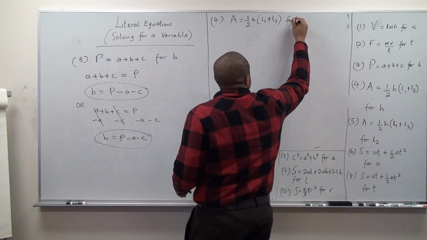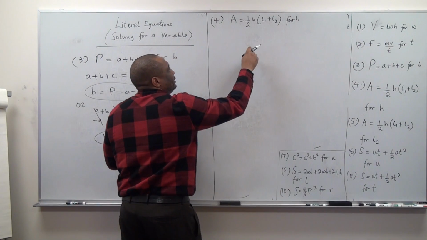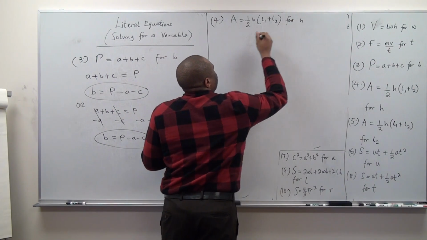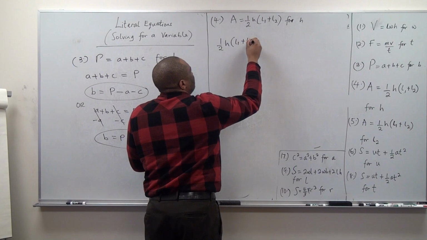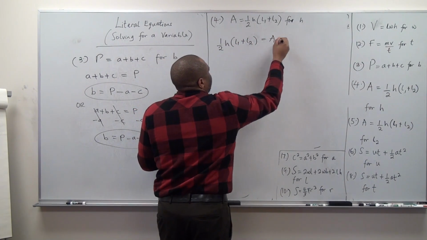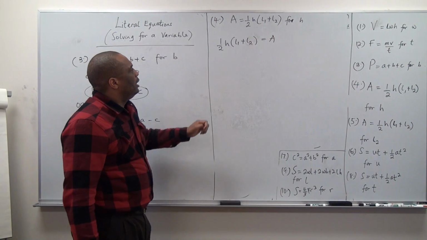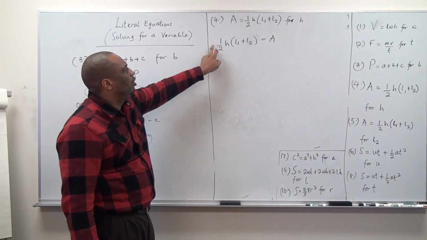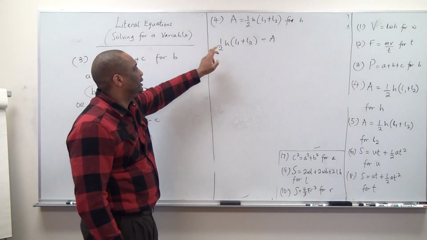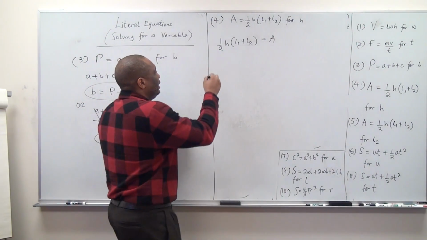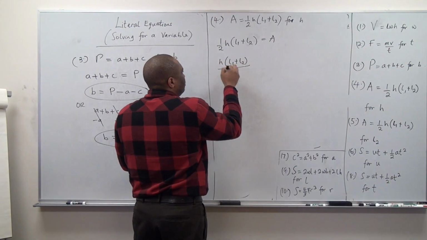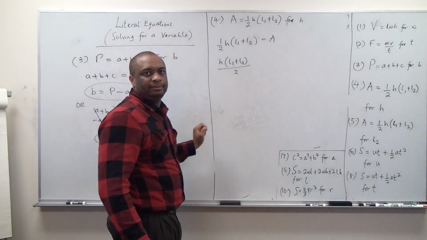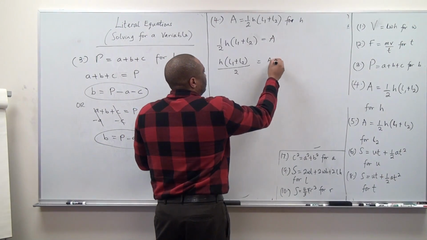So as usual, let's rearrange it. It gives us half h, L1 plus L2 equal to A. So here, we still have a fraction. This is the same thing as saying h, L1 plus L2 all over 2, equal to A over 1.